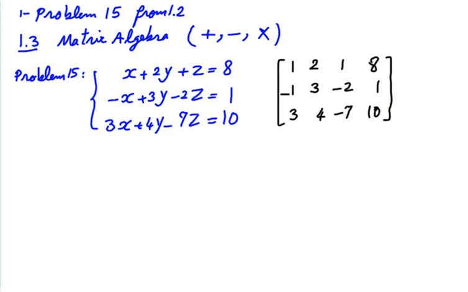Now, the Gaussian elimination, we said we proceed in 2 stages. Stage 1 is so-called forward elimination, which culminates in an echelon form.